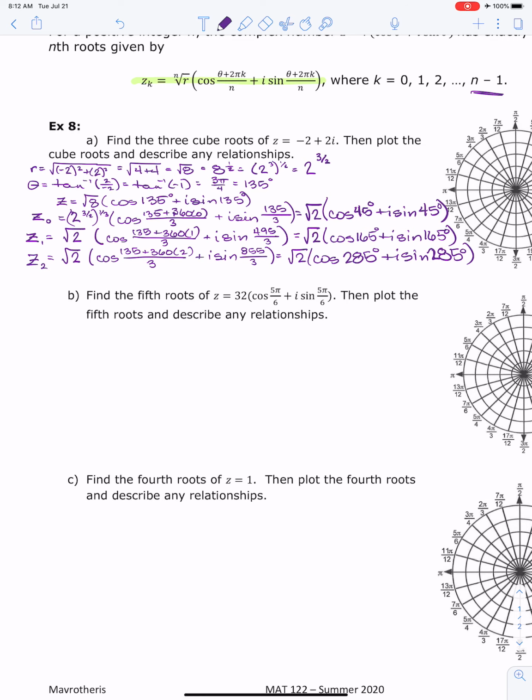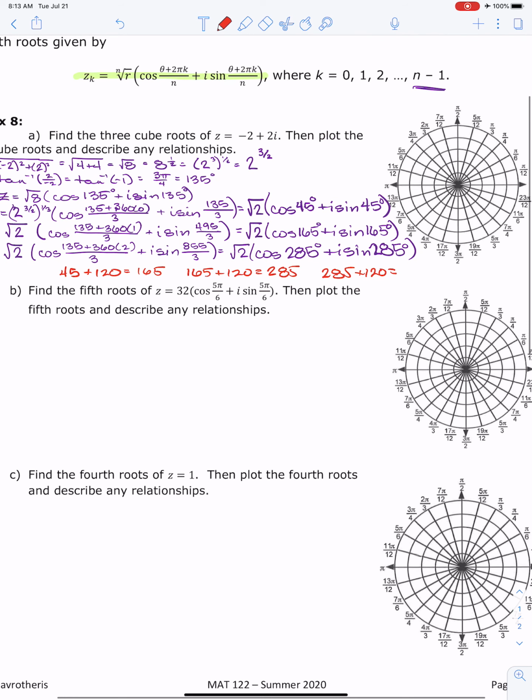So something I do want you to notice here, the difference between these angles: 45 plus 120 is our 165. 165 plus 120 gives me our 285. 285 plus 120 is 405, which is the same as a 45-degree angle.